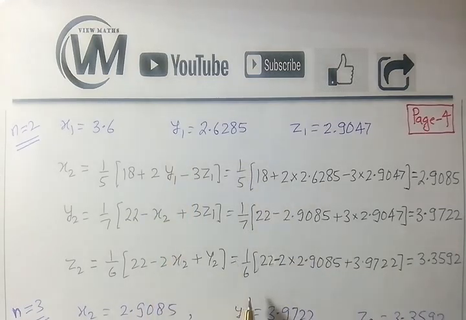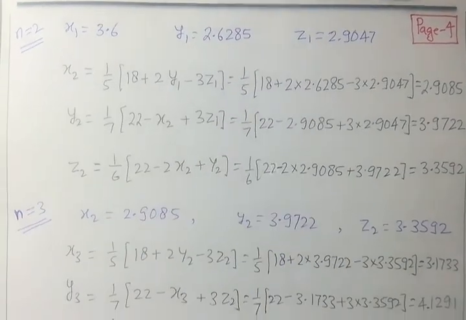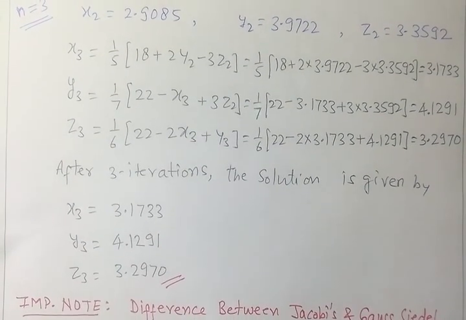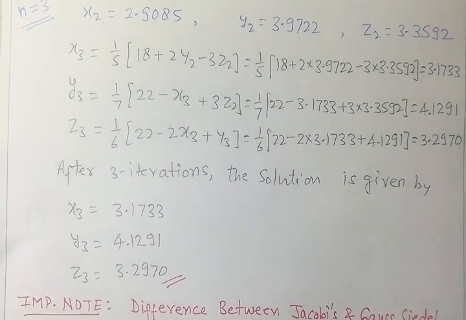So 1 by 6 of 22 minus 2 into x2, which is 2.9085, plus y2, which is 3.9722, comes out to be 3.3592. So this way we have calculated x2, y2 and z2. Now moving to the third iteration, the values of x2, y2 and z2 are given.